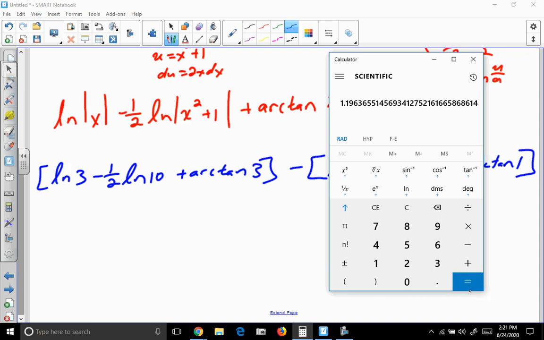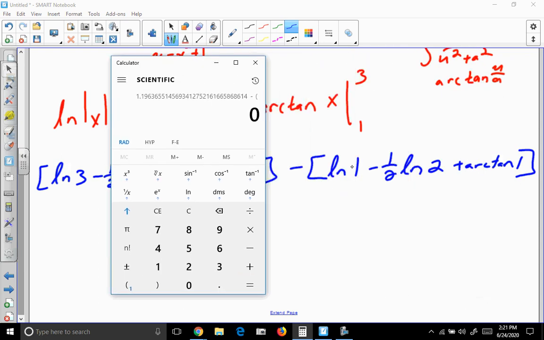So that's the first parenthesis, and then we're going to subtract natural log of 1, which is 0, minus 1/2, so negative 0.5, times natural log of 2, plus arctan of 1. Close that parenthesis, and we get about 0.758.